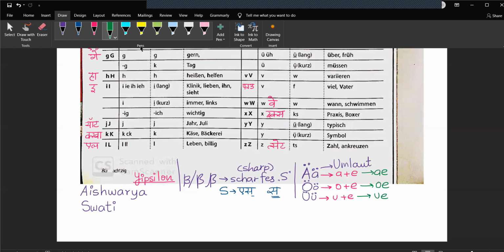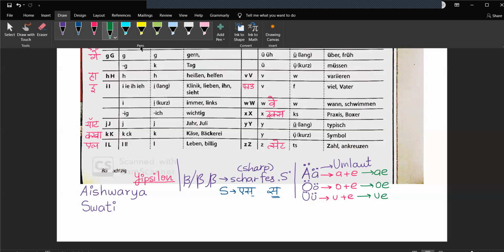It is going to take some time for you to understand the exact pronunciation. But what I'm going to do is share two videos with you. One is going to be about the entire alphabet, that is the alphabet song, where you can practice the sounds of the alphabet. And the second video is going to focus only on these three umlauts.